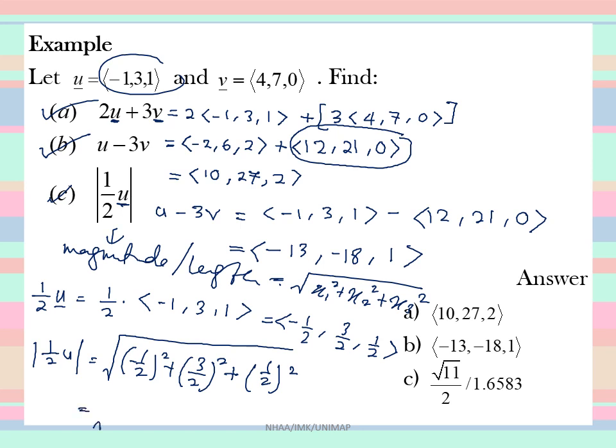That is the square root of 1/4 plus 9/4 plus 1/4, that is 11/4. The square root of 11/4 is equivalent to the square root of 11 over 2. Okay, so we're done with this.